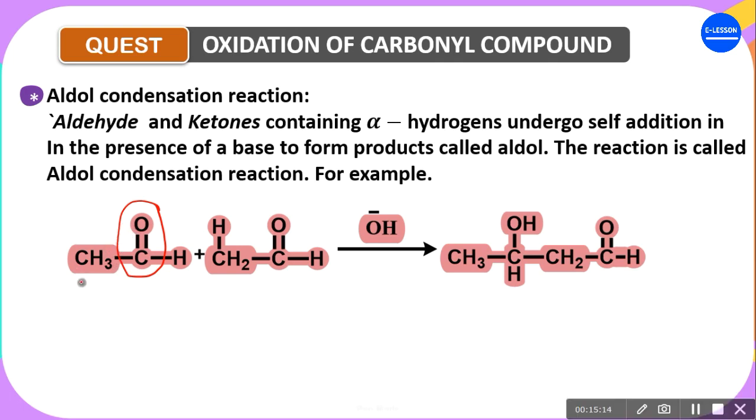So in this case, this carbon here is an alpha carbon. This one here is an alpha carbon, okay? Also here, this is an alpha carbon, because this is the carbonyl functional group. Now when you come here, this is the presiding functional group, because the carbonyl functional group has a higher priority as compared to the alcohol functional group here.